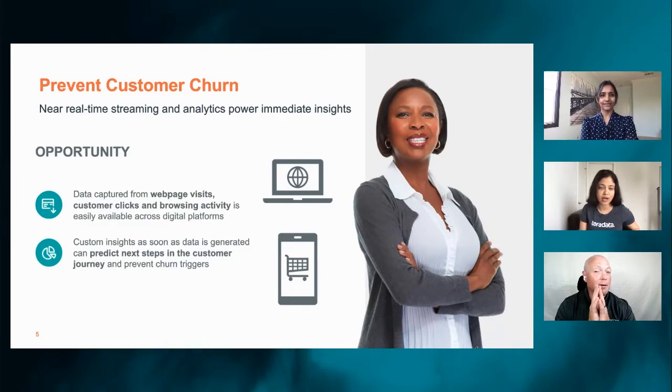Let's send them a proactive offer or coupon, give them a call, and maybe say, we're working to fix this. So that's really this use case, and very powerful, as you can imagine. I'm excited to walk you through a more detailed diagram on the next slide.